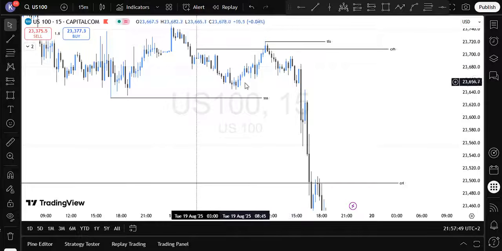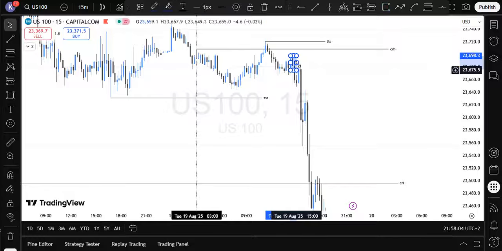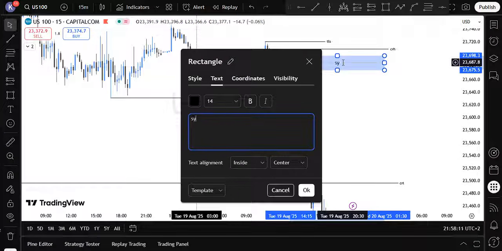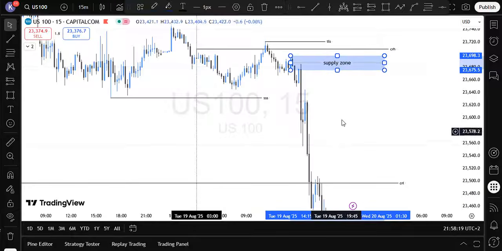But the market gave you a supply. What is a supply zone? It's the last bullish candlestick before a push to the downside. Where is our last bullish candlestick before the push down? Here it is. So that's your supply zone there. You write supply zone.